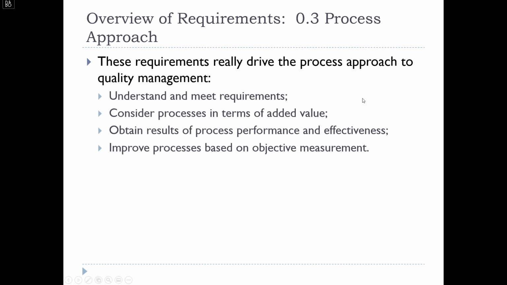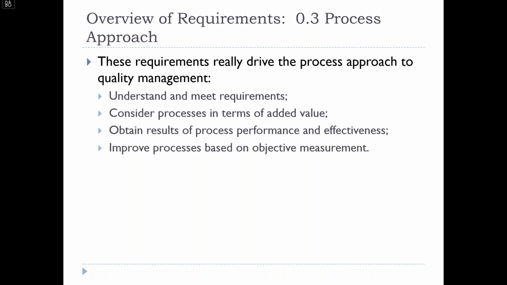Section 0.3 talks about the process approach. Again, for those of you familiar with ISO 9001, this shouldn't be new. So there are some requirements that really are there to drive the process approach to quality management. So you need to understand and meet requirements, identify processes in terms of added value.